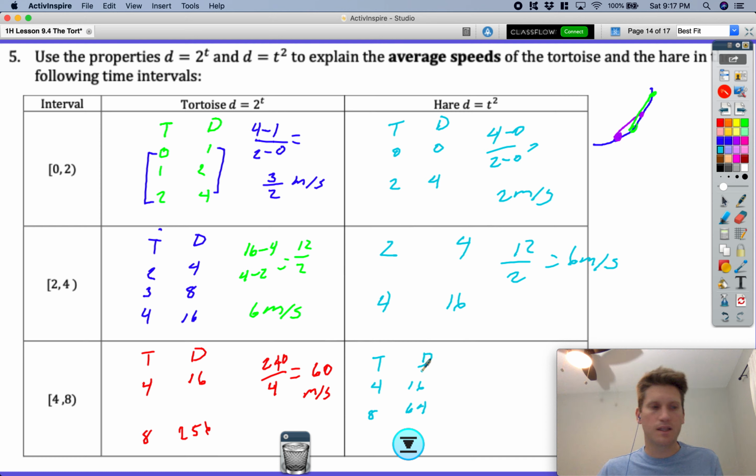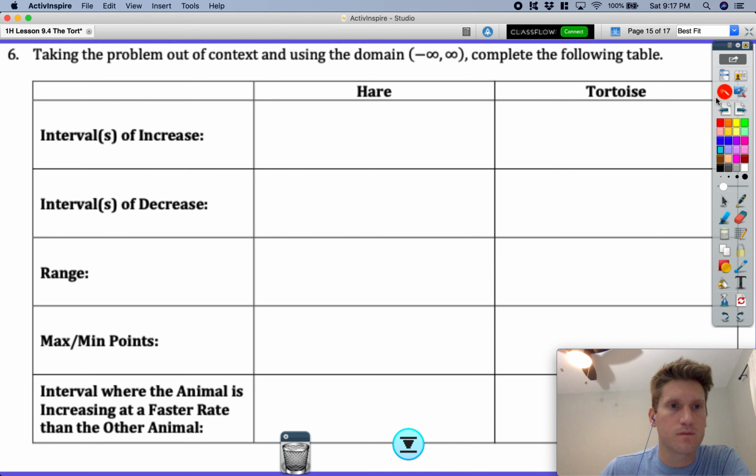So when I subtract those, I end up with 48 over 4, which is 12 meters a second. And as you can see, the hare is much slower than the tortoise right there. Okay, last but not least, let's look at this.